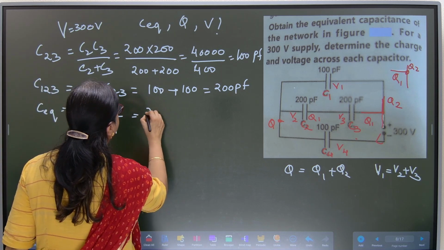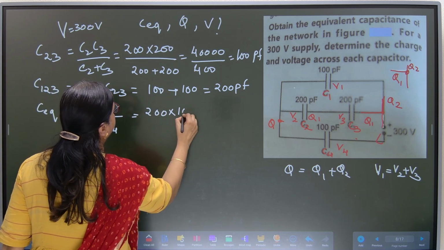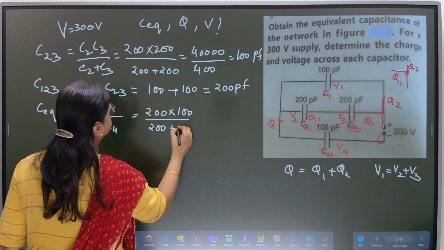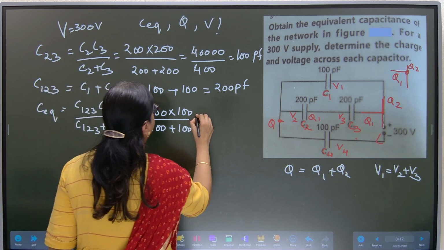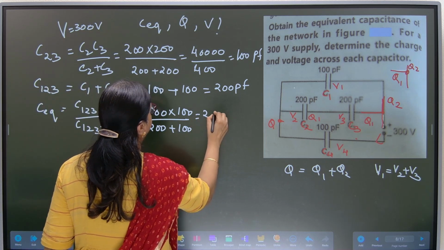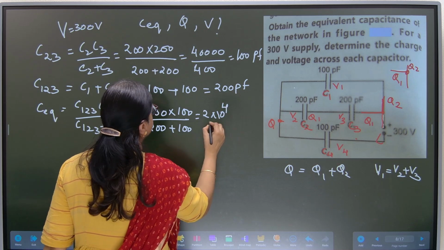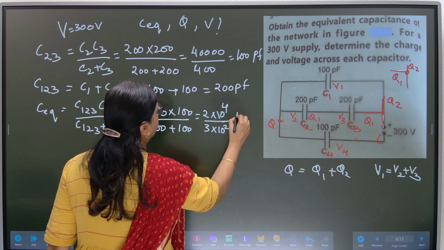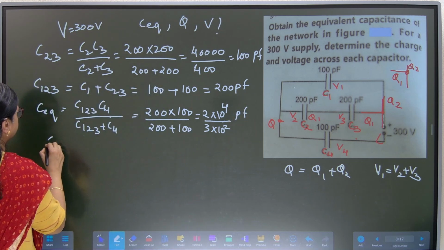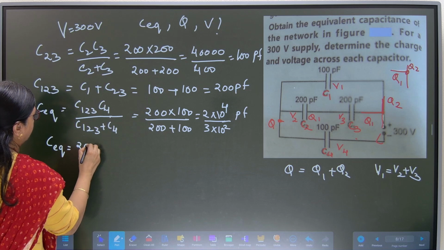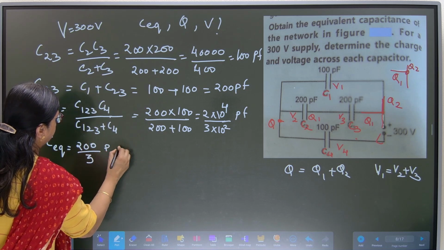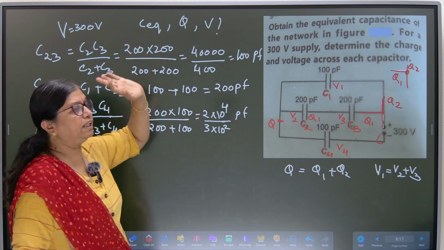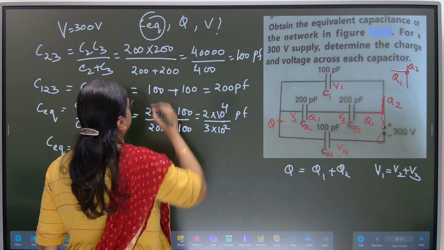So what is C123? 200 into 100 divided by 200 plus 100. So that amounts to 2 into 10 raised to 4 divided by 3 into 10 raised to 2 picofarad, which amounts to C equivalent is equal to 200 upon 3 picofarad. So our first step of finding out C equivalent is done.